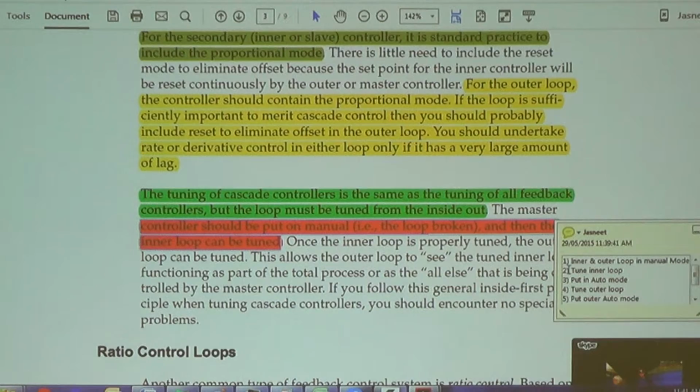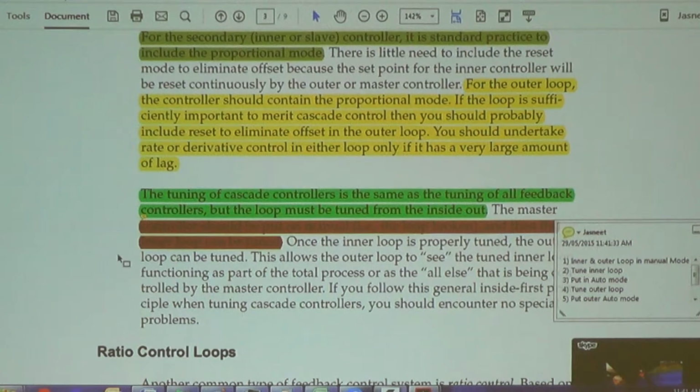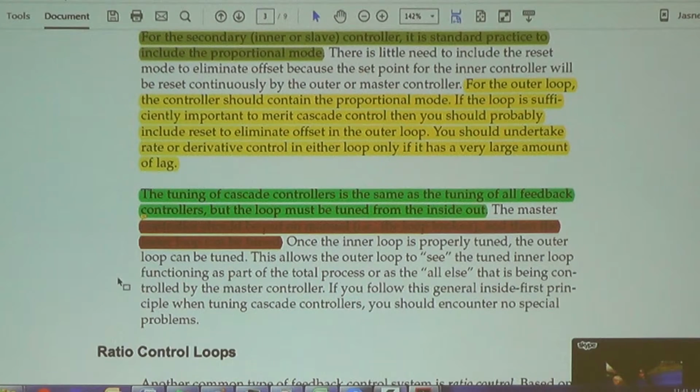Why? Because once the inner loop is properly tuned, the outer loop can be tuned so that it can see the tuned inner loop performing as it is supposed to, so that if there are any changes made, those changes are reflected in the inner loop immediately.